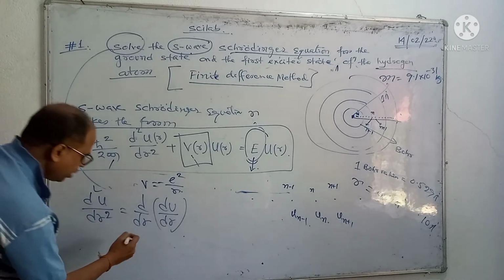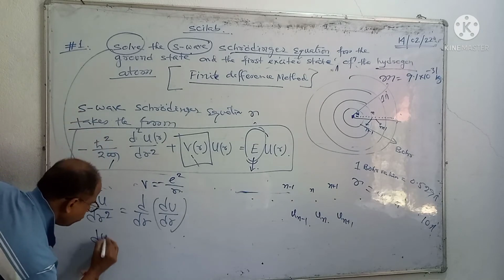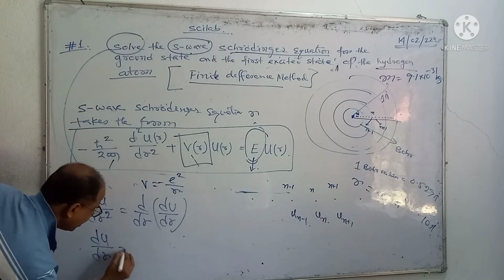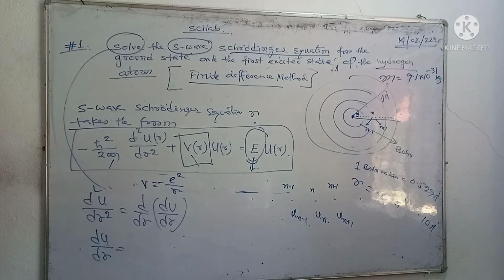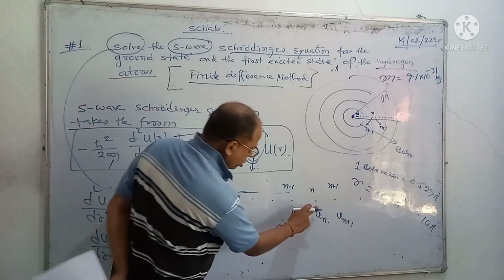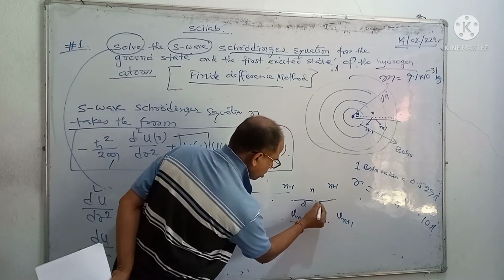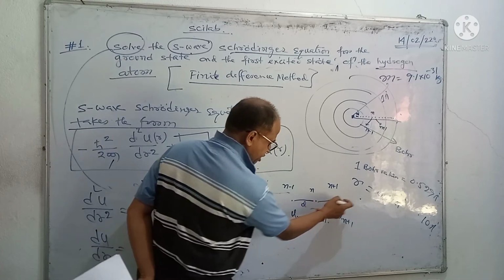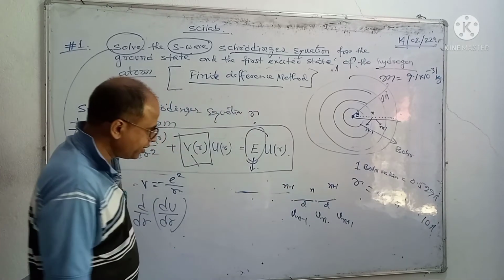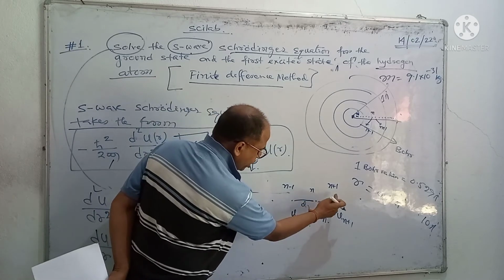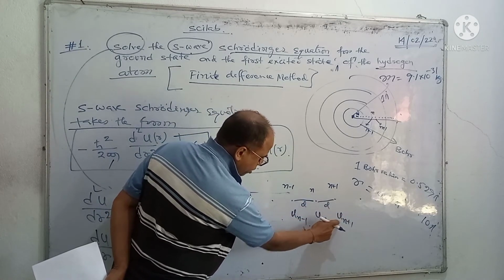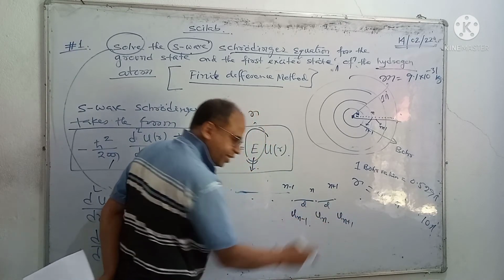Now, come to du by dr. In the finite difference method, you can write, suppose this is d. All are equidistant, right? Therefore, you can write un plus 1 minus un by d.